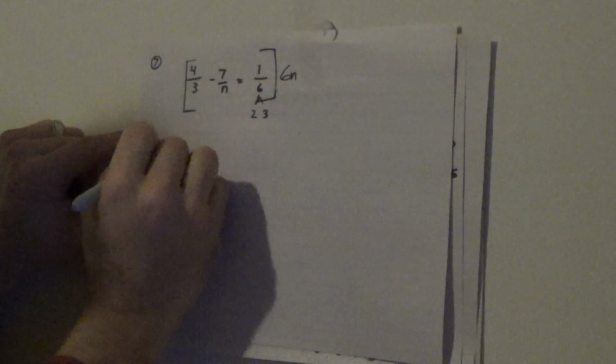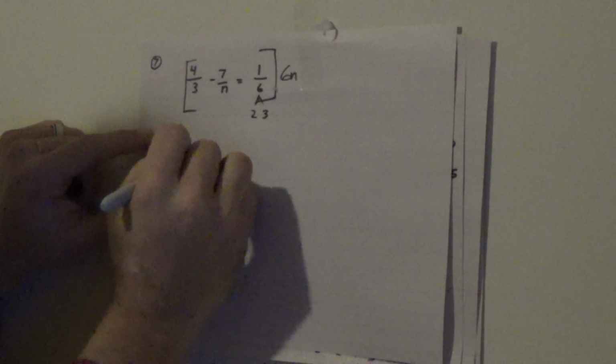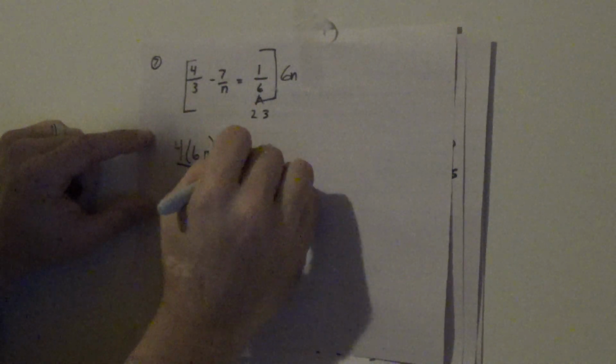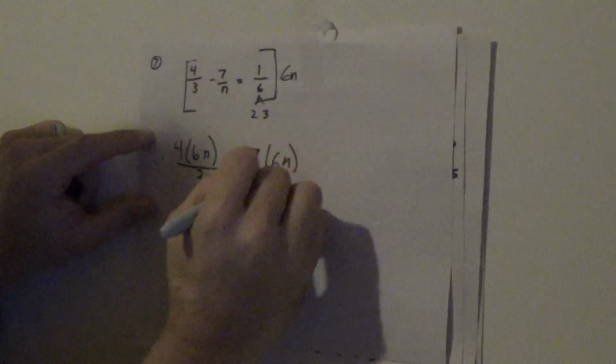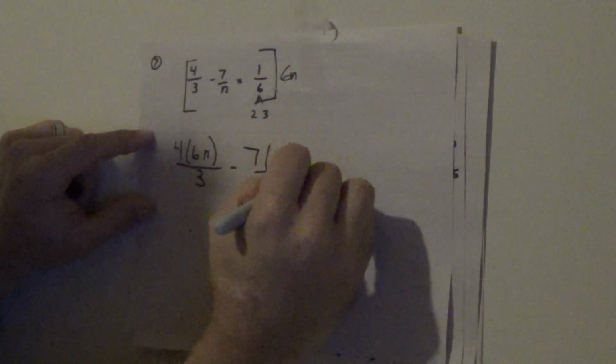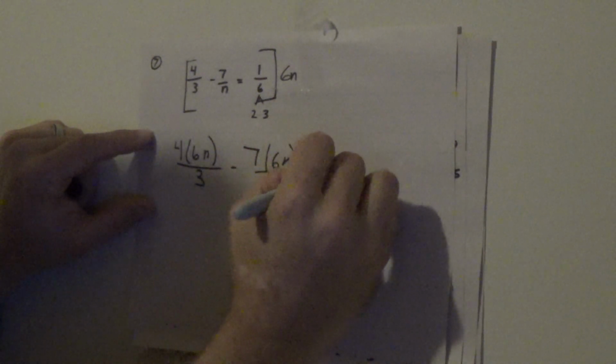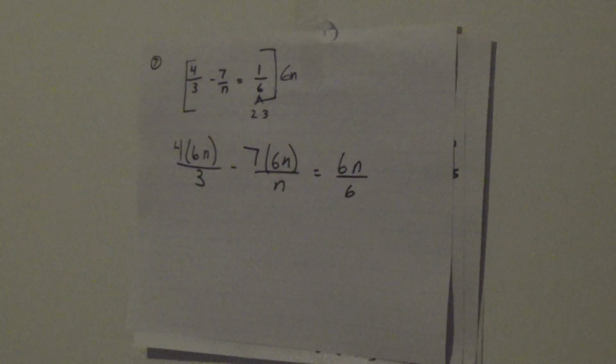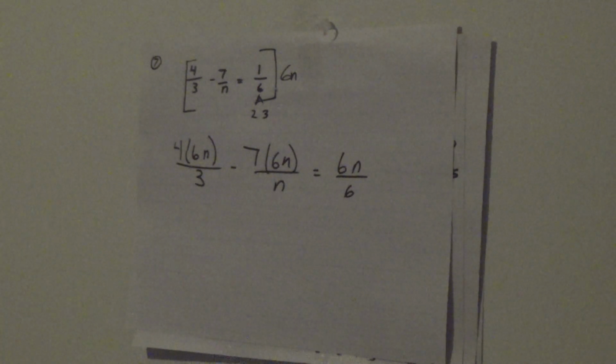So I have here 4 times 6n over 3 minus 7 times 6n over n equals 1 times 6n over 6, but you typically don't write in the 1. Now, a beautiful thing will happen here.